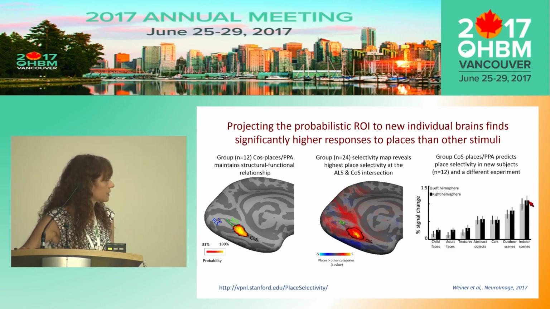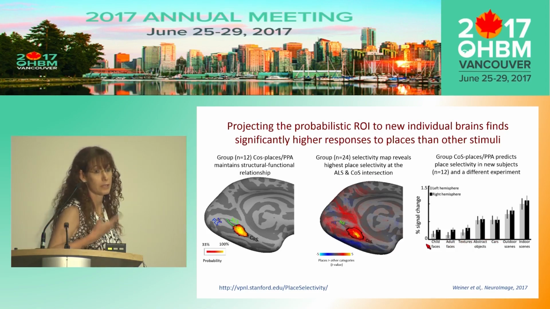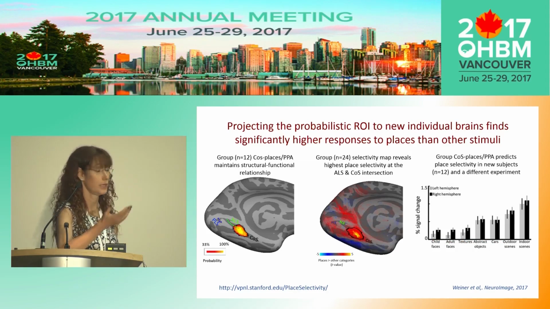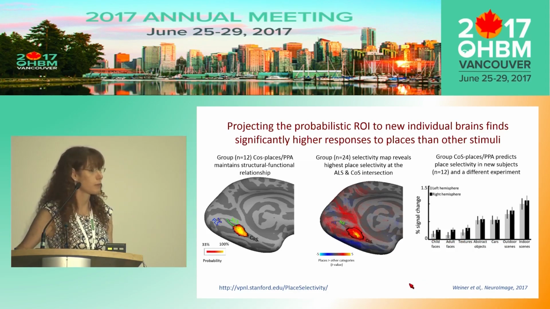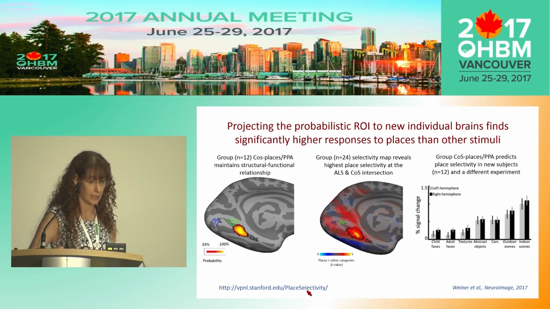You can see that in these subjects, the highest responses from this region are for indoor and outdoor scenes, pictures of places, and they're significantly higher than responses to other stimuli, such as objects, textures, or faces. So this is an example where, using the structural functional coupling, we're able to predict place selectivity in new brains. This ROI is published on the FreeSurfer average brain, and you can freely download it from this link.